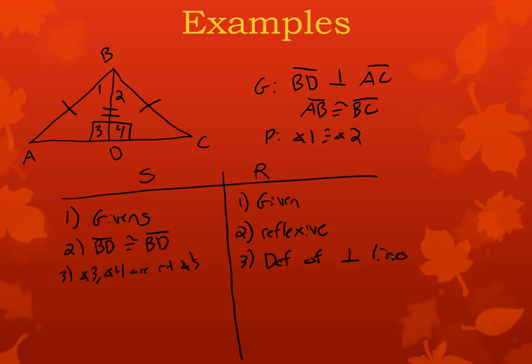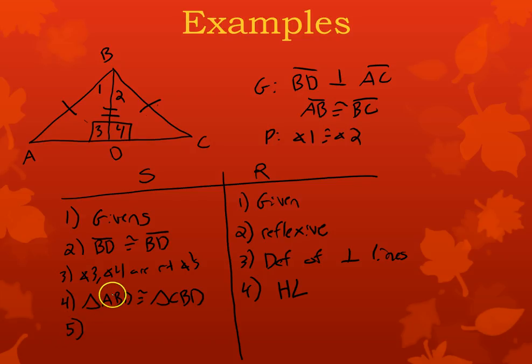As we discussed last time, once you have right angles, you need to look at your diagram. Do I have the hypotenuse of both triangles congruent? Because if I do, I can probably use my HL theorem. And I do have it. So I don't need to say that 3 and 4 are congruent. I can go immediately to triangle ABD is congruent to triangle CBD because of HL, hypotenuse leg. I have the hypotenuse in each triangle congruent to each other, plus the leg, and it's a right triangle.